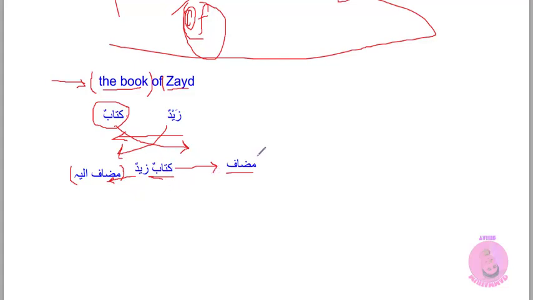The first change is in mudaf, and what is that change? This tanween will change into a single vowel. For example, if we have two dhammas, like we have here tanween, we will change those two dhammas into one dhamma. One vowel.